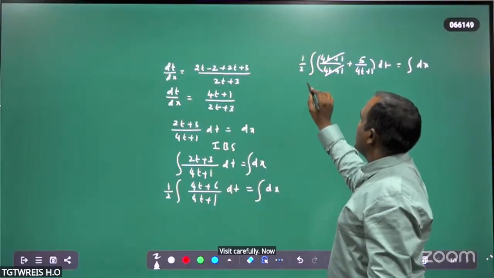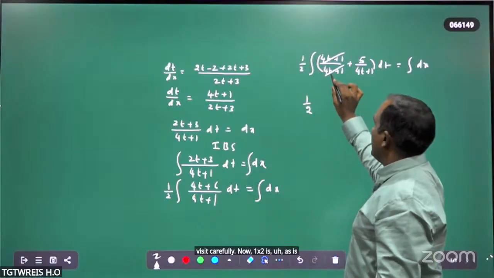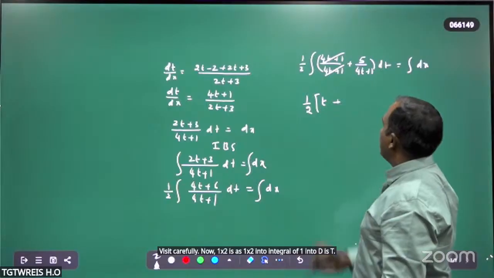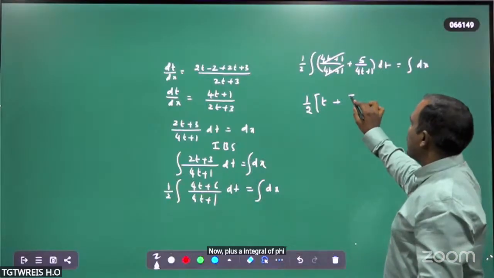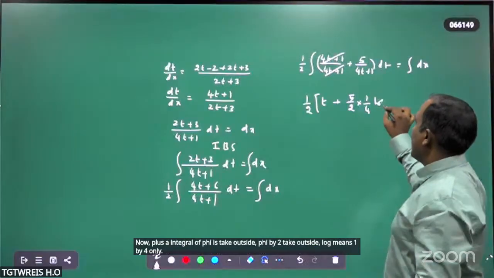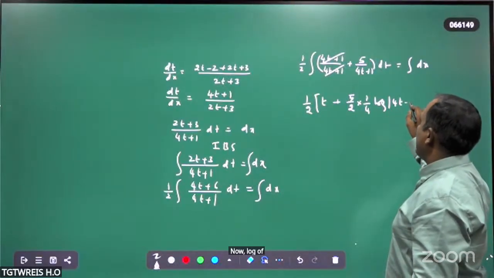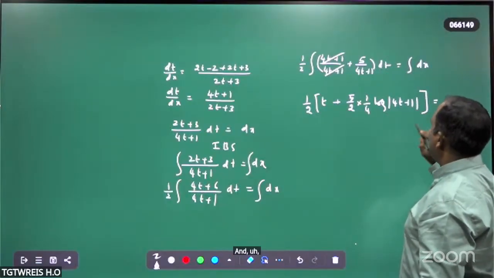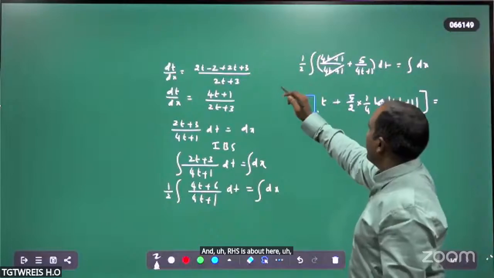Now 1 by 2 is as it is, 1 by 2 into integral of 1 into dt is t. Now plus integral of 5, take 5 by 2 outside; log means 1 by 4 only. Now log of 4t plus 1, and the RHS is x.